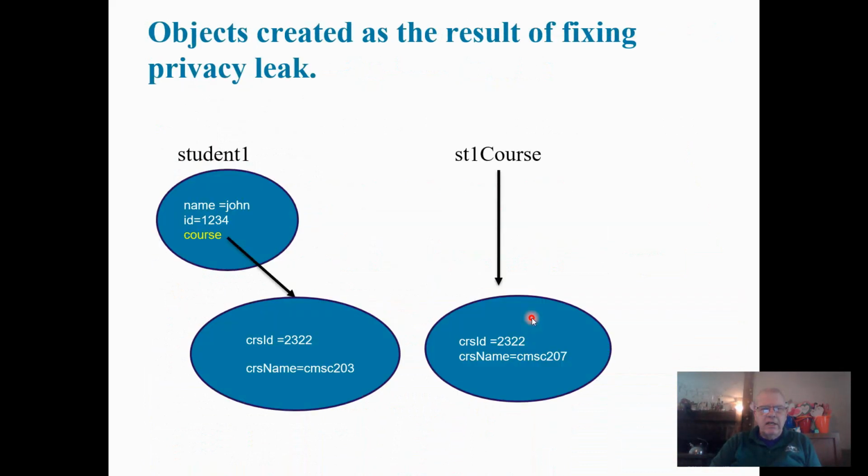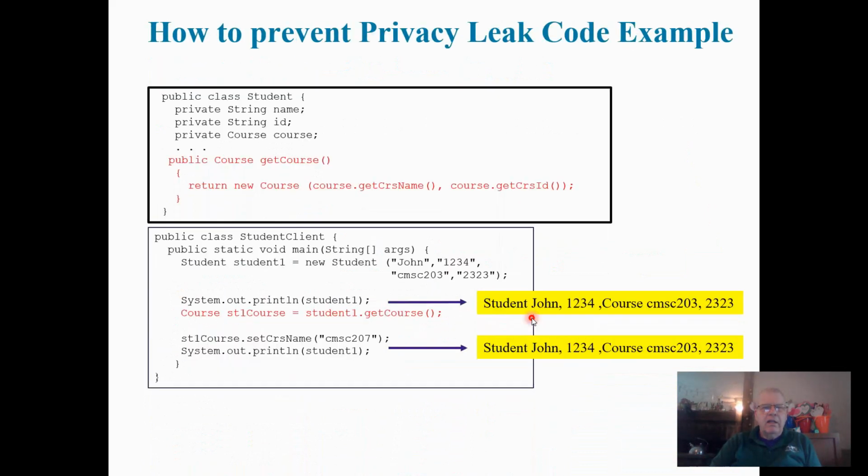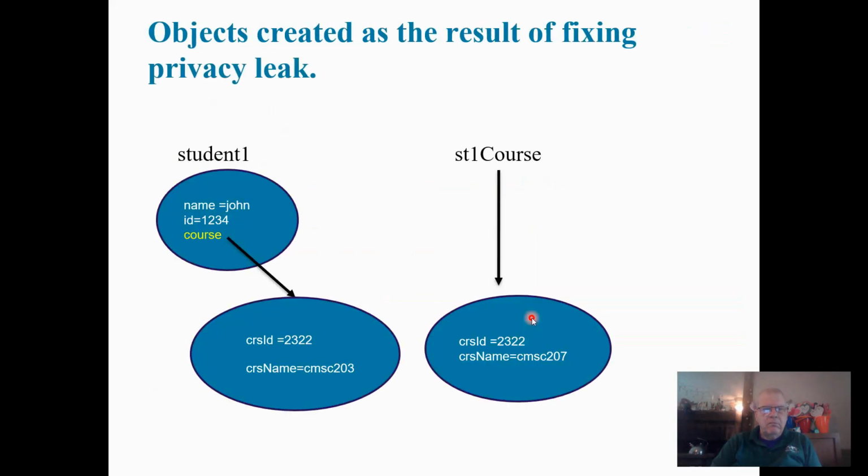So in this case, student 1 tries to set the course name, but student1.course is set to the different object.